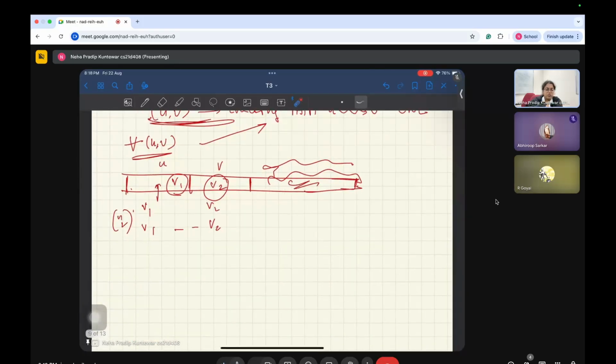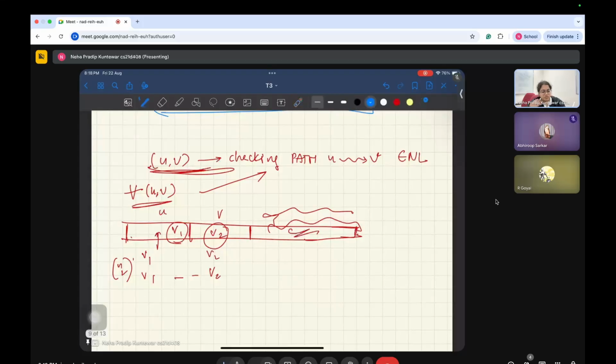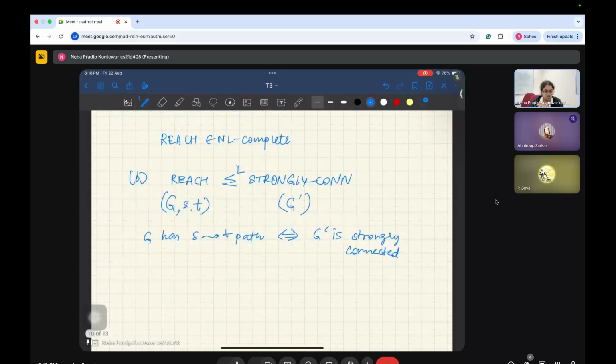Yes, this is right. That is showing that it is in NL, but hardness is something else. Hardness would mean that every other problem in NL is reducible to it. So I want to show that if I could solve this, then I could solve reachability. Basically, we have to rephrase each and every instance of reachability into an instance of strongly connected. But this reduction does not seem so difficult to me.